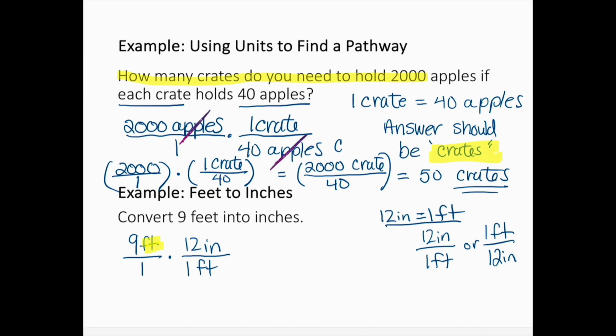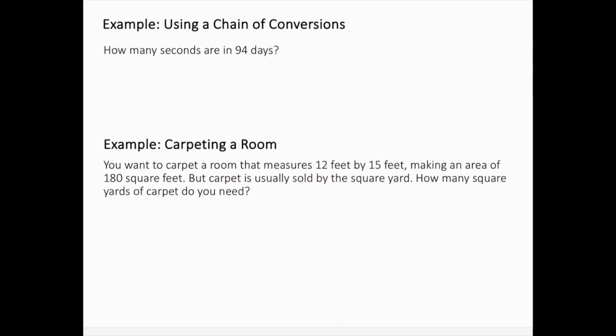Now by doing that, I have feet here that I can cross off, feet here that I can cross off, and so what I'm left with is 9 times 12 inches. I crossed off the feet on the top and the bottom, so I don't have the feet there anymore. And that's all over 1. So when I put that in on the calculator and I do 9 times 12 divided by 1, I'll get 108 inches.